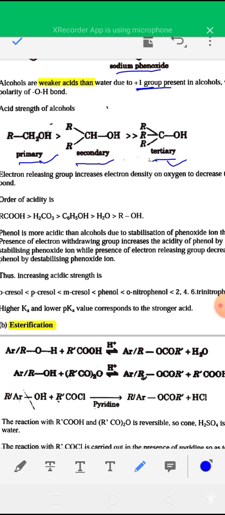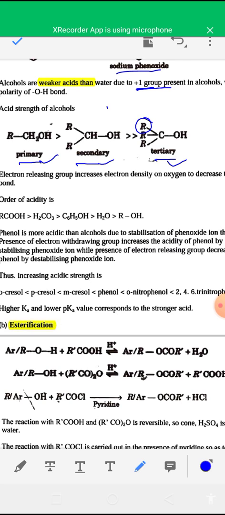As the number of electron-donating alkyl groups increases on the carbon atom, the acidity of the alcohol decreases.